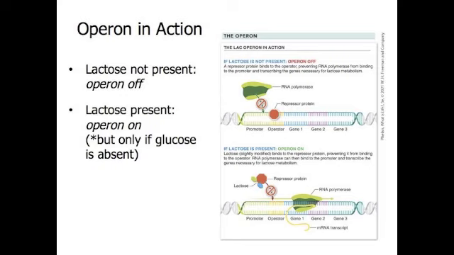However, if lactose is present, firstly, the regulatory gene produces the repressor protein. 2, lactose binds the repressor protein, altering its shape so that it can no longer bind to the operator. And 3, with no repressor bound to the DNA, RNAP binds the promoter and transcribes the genes necessary for lactose metabolism.